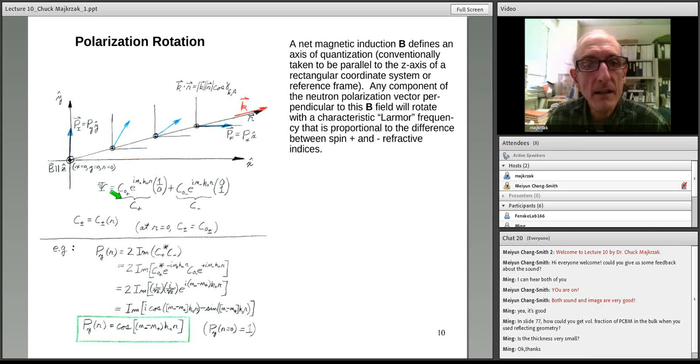So again, these complex coefficients, C plus and C minus, can be examined to see how to make the polarization of the beam rotate.